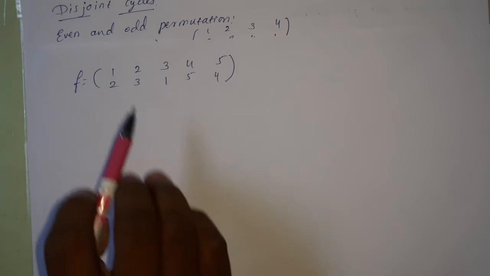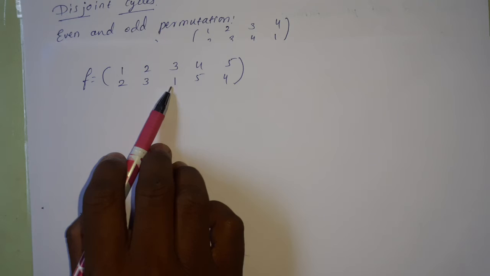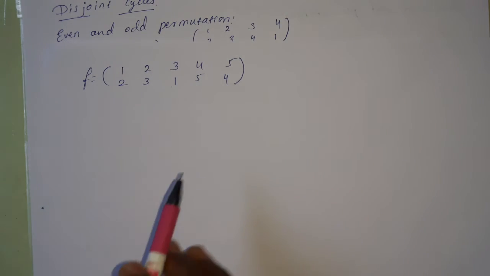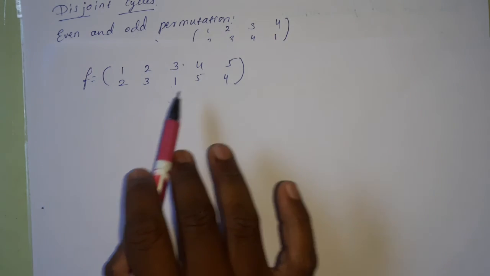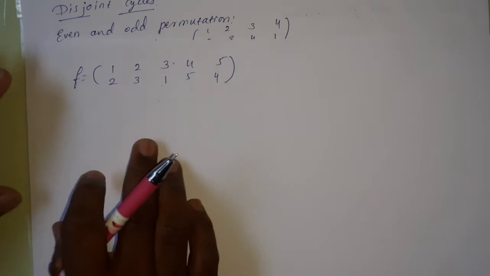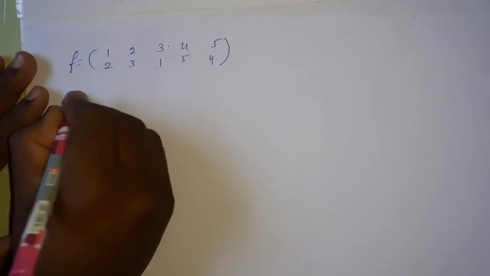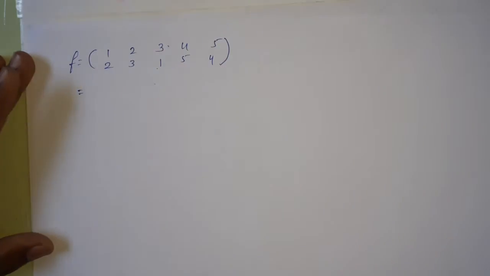Here the image of 1 is 2, 2 is 3, 3 is 1. But if it were a cycle, the image of 3 would be 4, the image of 4 would be 5, and the image of 5 would be 1. Now here it is different. So first let us express this as the product of disjoint cycles.